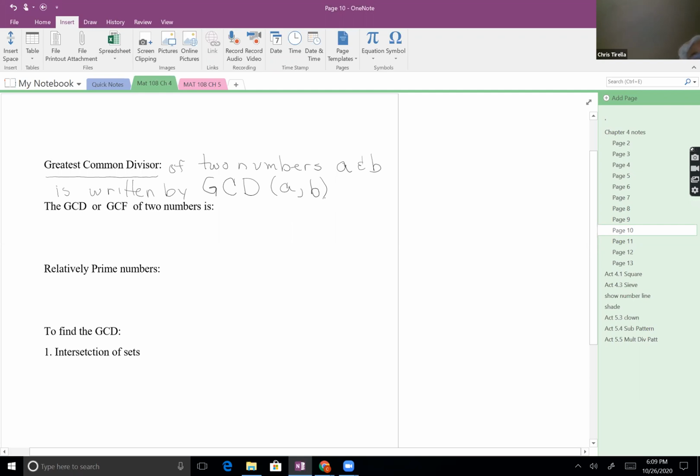The greatest common divisor, also called the greatest common factor, they're one and the same, is the largest number that divides both evenly.